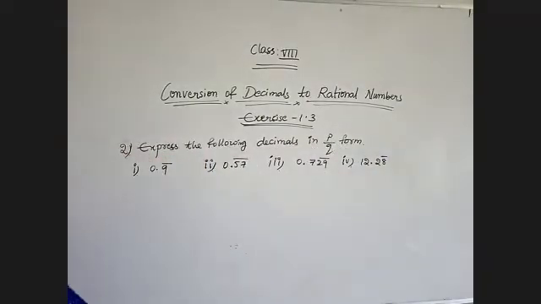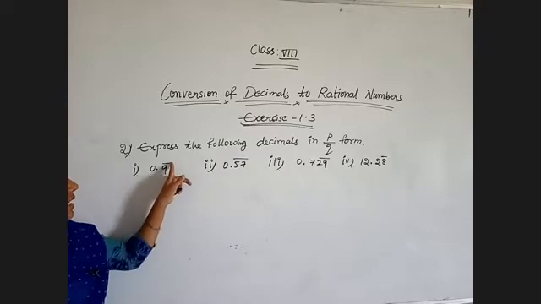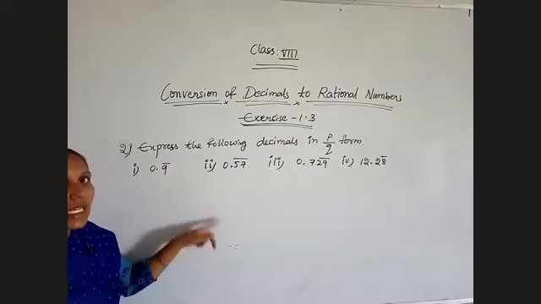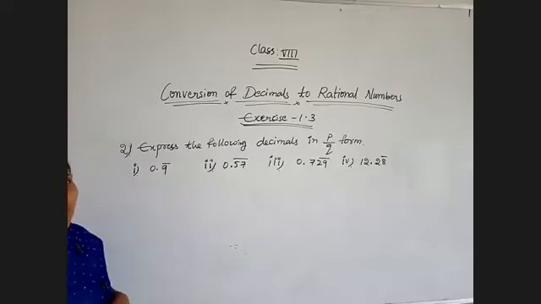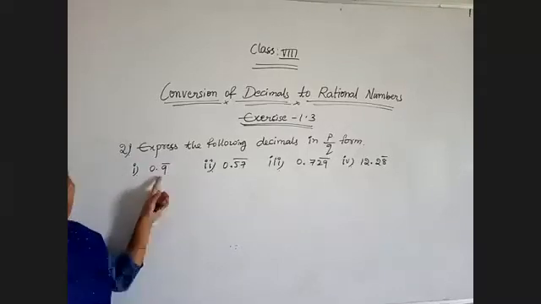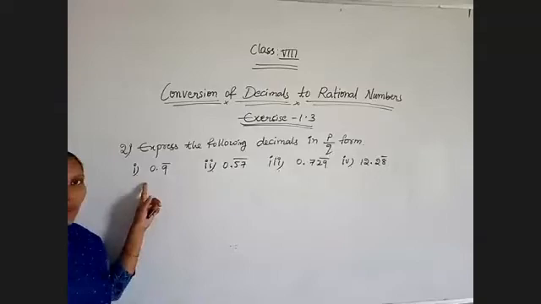Now observe the first question. Because this bar indicates repetition, continuous repetition, and there is no end, these are non-terminating recurring decimals. Every digit is repeated, so it is a pure recurring decimal.